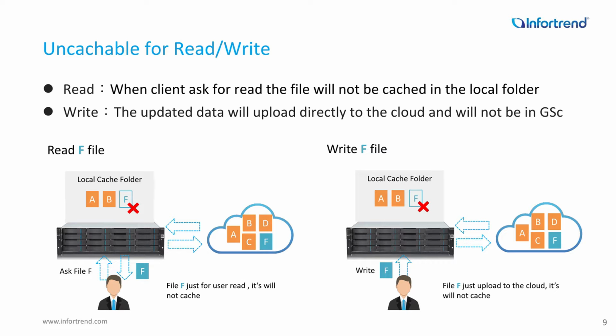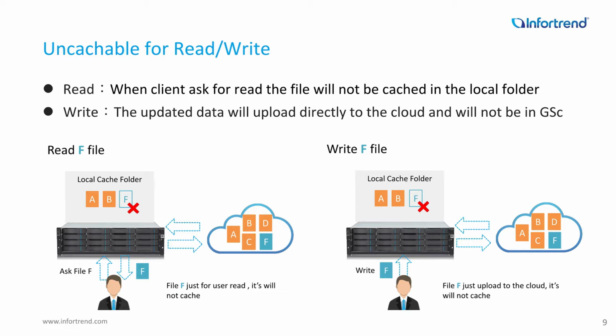However, in this condition, we already know that the share folder used to receive the backup data from your backup server is just a temporary space, which means those data should not occupy local cache space. With the uncacheable write policy, you can expect that the data will be removed from the local storage as soon as the data are uploaded to the cloud.